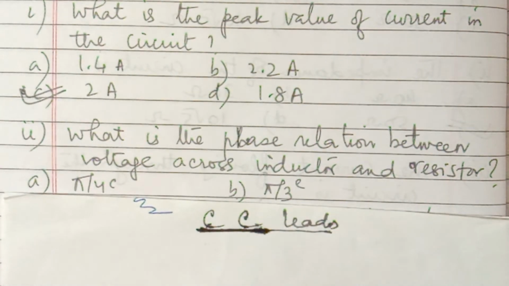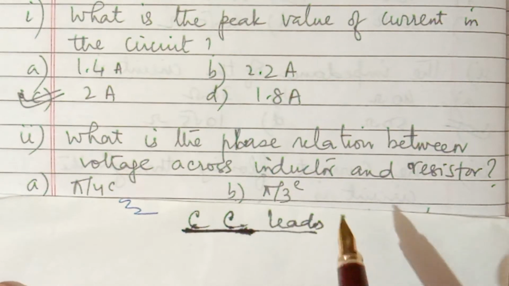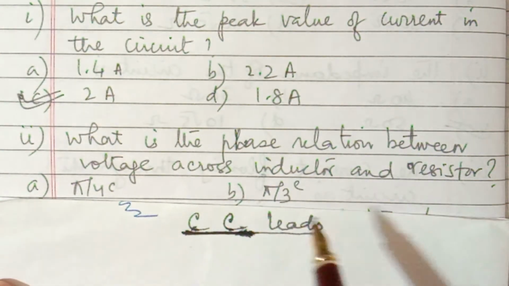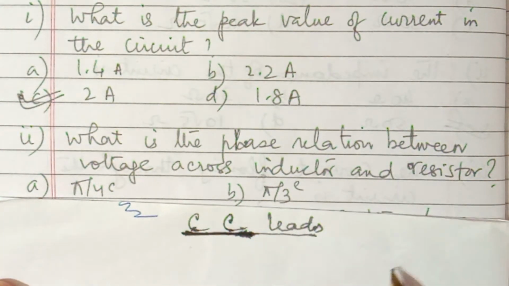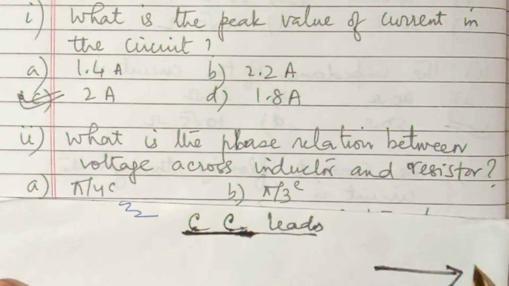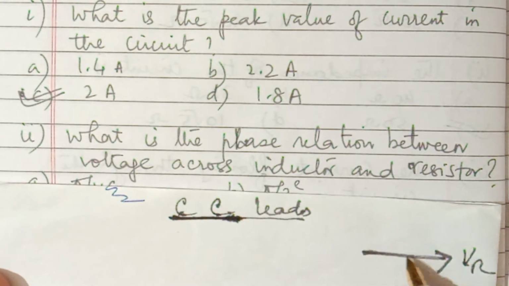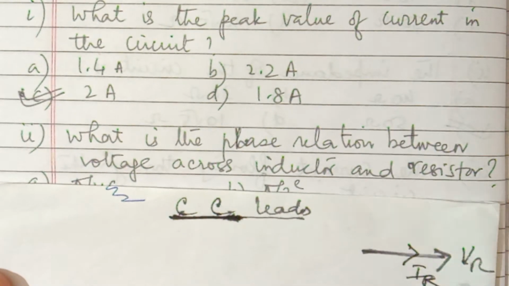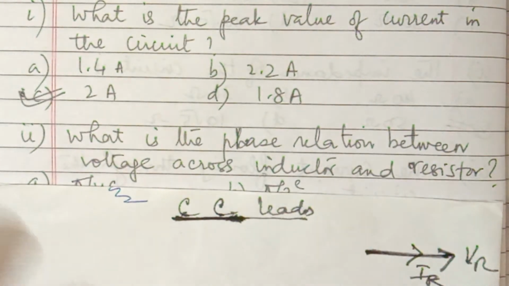Okay, so now in inductor and resistor, it is like this. Suppose this is VR and IR, they are in the same phase.